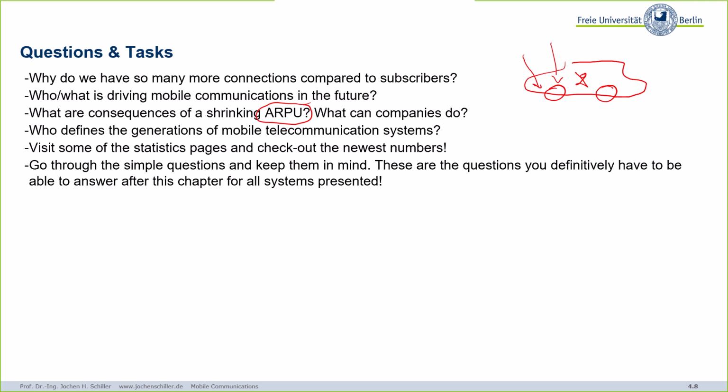So this is why all those network operators have to go together with some content providers, or they have to offer some video on demand or things like this, because they do not earn enough money. So if this average revenue per user goes down and down and down, no one will invest in new networks.